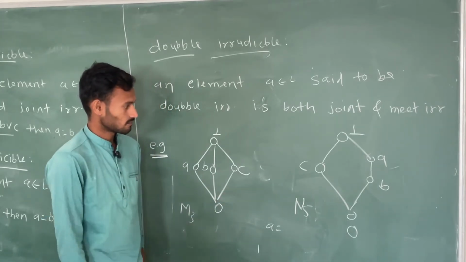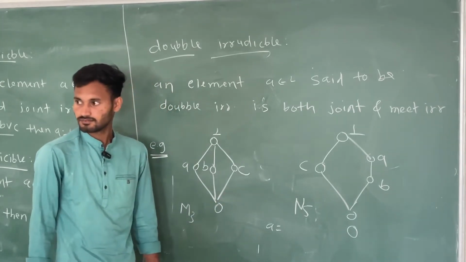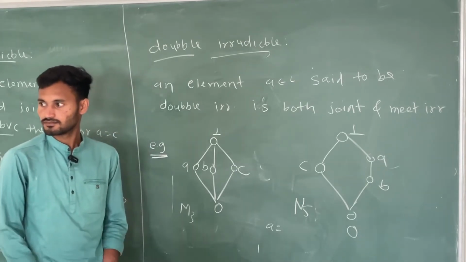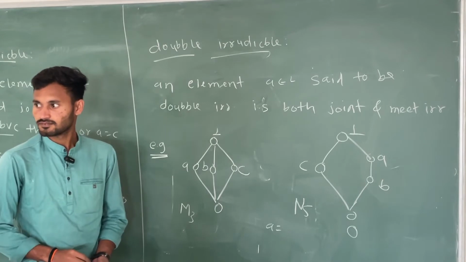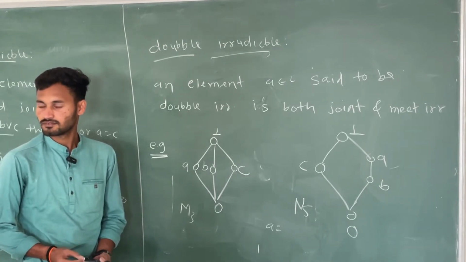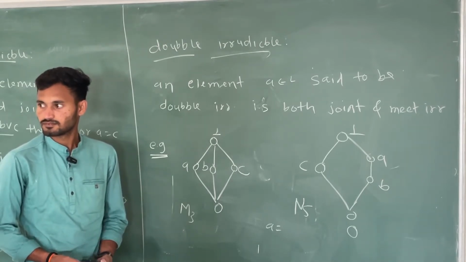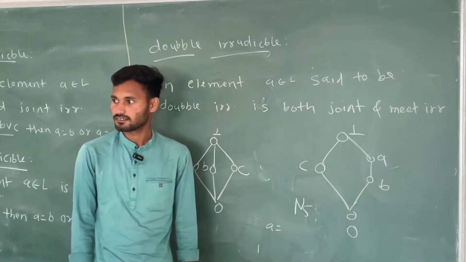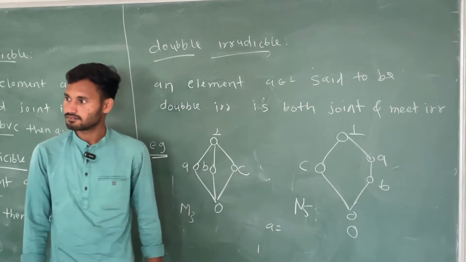So take other examples which we discussed earlier and try to find elements other than 0 and 1 which are join irreducible and some which are meet irreducible. Next class show me everyone that picture.